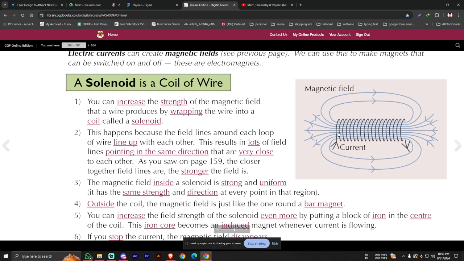Why? What's the advantage of solenoid? Why do we need solenoid? Simple. To increase the strength of the magnetic field, right? We know when a current moves in a circuit, it already creates a magnetic field, right? But can you increase this magnetic field somehow? Yes, you can. What is the way?